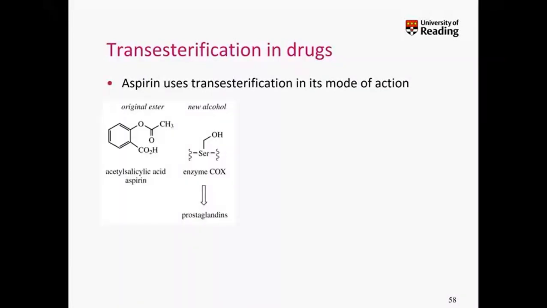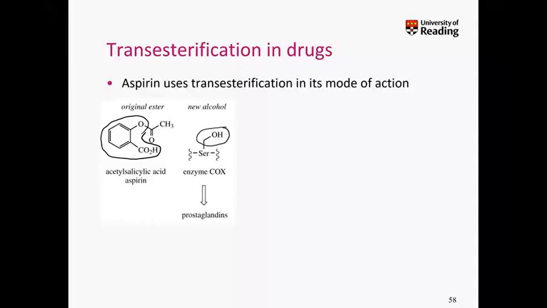So here we've got our acetyl salicylic acid. This is our ester, so if you look at this bit here, that's our ester, our OR group from the original ester, and then of course here we've got our alcohol. This alcohol is a serine residue that's in the enzyme, the COX enzyme, and what happens normally is this serine residue is involved in producing prostaglandins, which will go on to be part of causing pain.